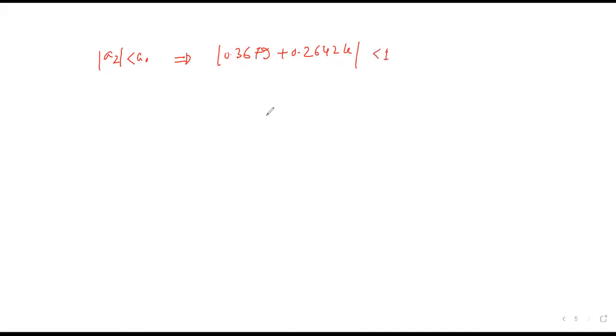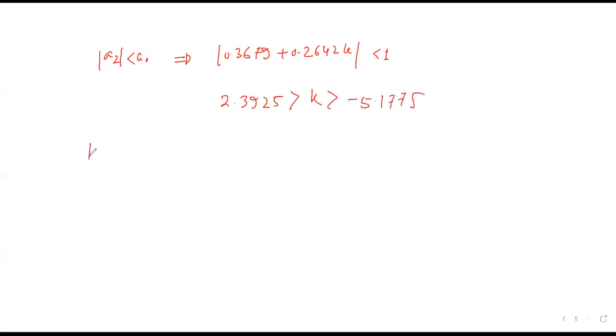If we apply this condition and simplify a bit, we get K lesser than 2.3925, and greater than minus 5.1775.